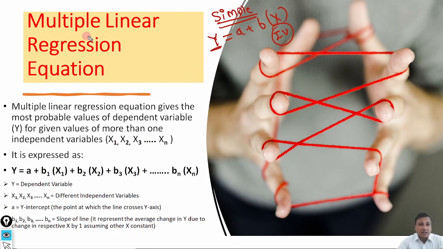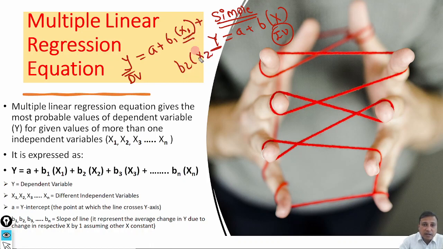Whereas in the multiple linear regression equation, we are having one dependent variable, that is y, and there are more than one independent variables like x1, x2 and x3 and so on and so forth. Fine. So the multiple linear regression equation is expressed as y is equal to a, the intercept, plus b1 in bracket x1.